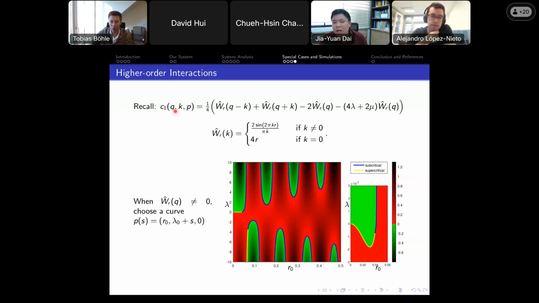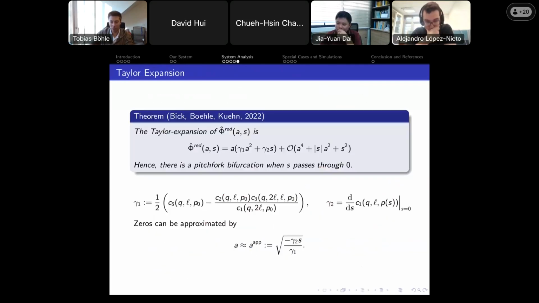You can see that the effect of lambda and mu on this C1 is almost exactly the same. Then if you consider this formula here, the effect of lambda and mu on these other coefficients is not the same anymore. I see. And this is how you can turn the bifurcation around, change it from super to subcritical.